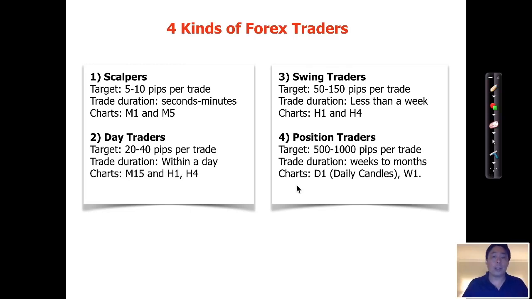And position traders will take even fewer trades because their one trade lasts for a few weeks, months, or even years. Day traders would look at charts and analyze based on 15-minute candles, 1-hour candles, or 4-hour candles.